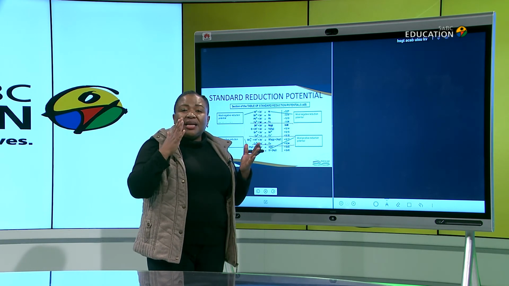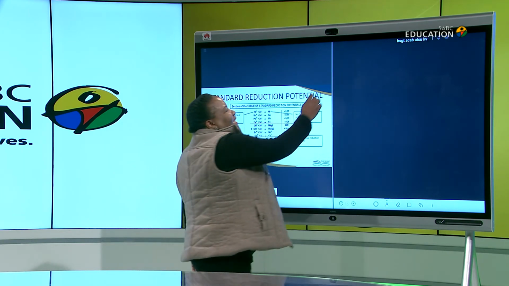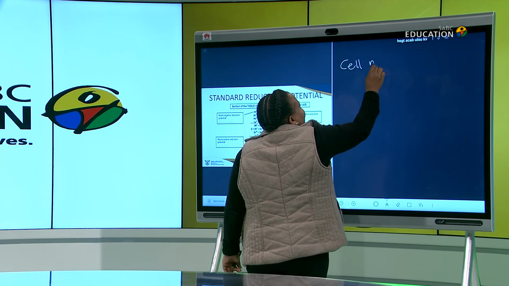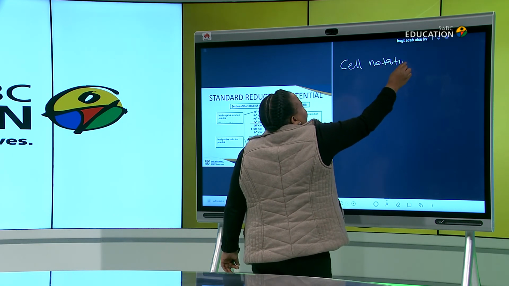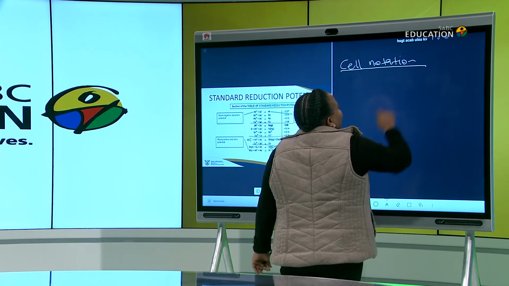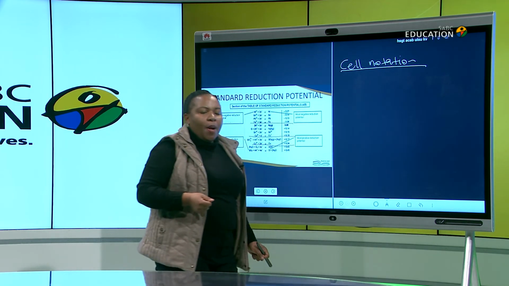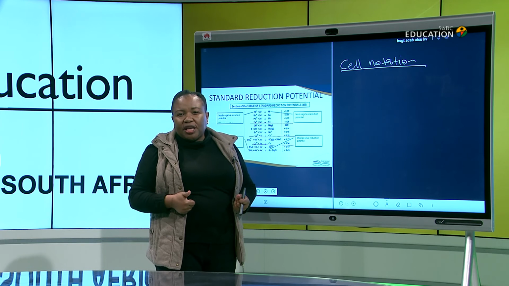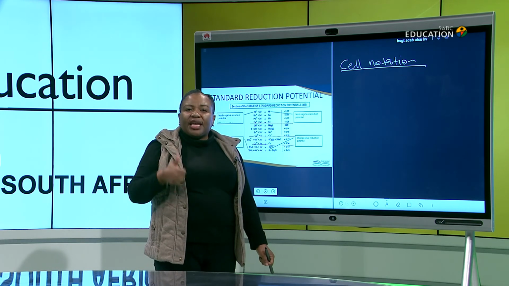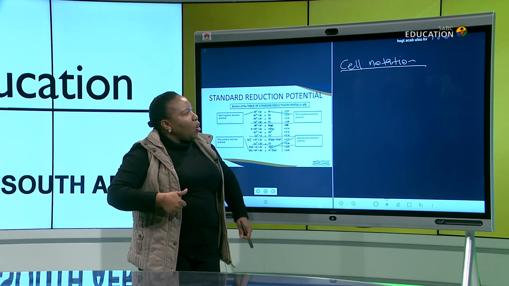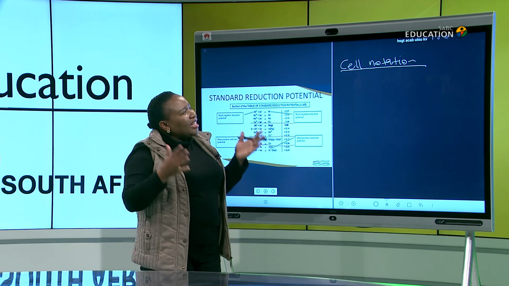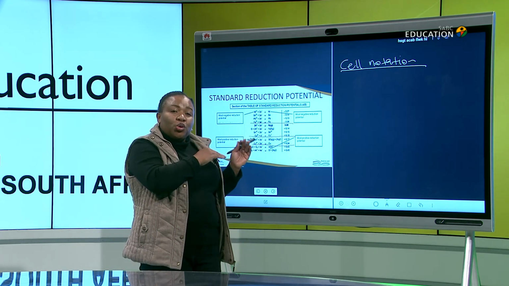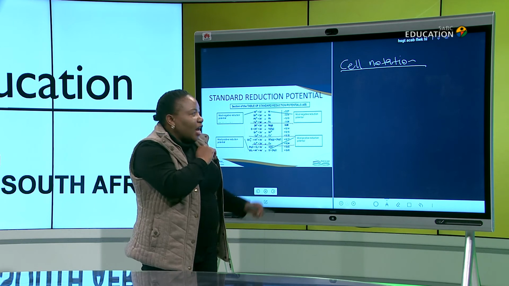A cell notation is not the same as the net cell reaction. A cell notation is under standard conditions, which we also explained last year: the temperature is 25 degrees Celsius, the concentration is 1 mole per decimeter cube, and for gases the pressure is 101.3 kilopascals. So the standard conditions are the ones we are going to use in our operation of a galvanic cell.